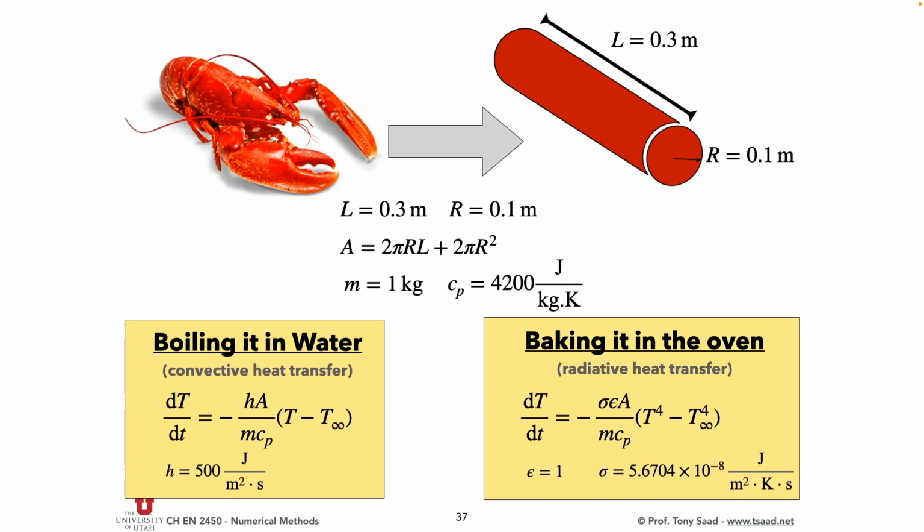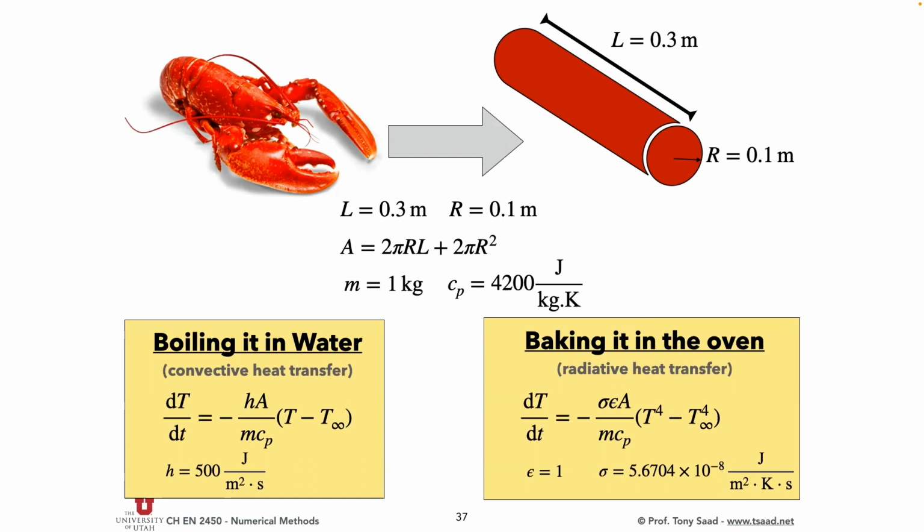You can choose air, water, or oil, or you might say, hey, I'm going to design a new liquid that has a very high H value so that I can cook the lobster much faster. You can change your T infinity by also changing the liquid. Over here, you only have control over T infinity, the baking temperature inside the oven.